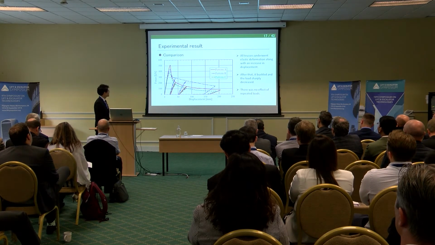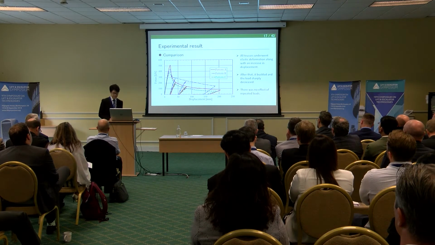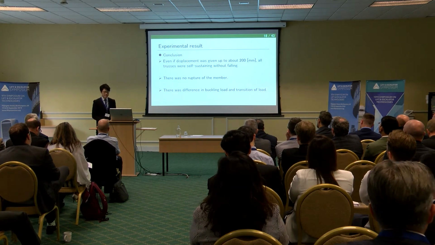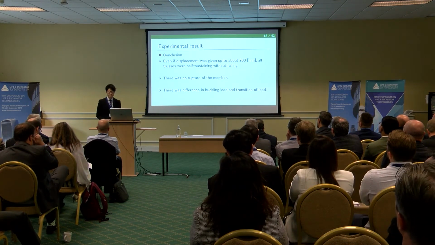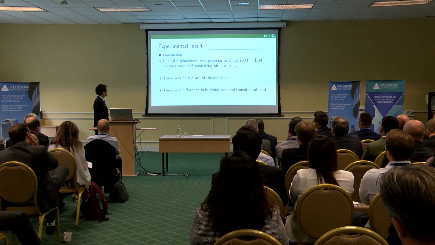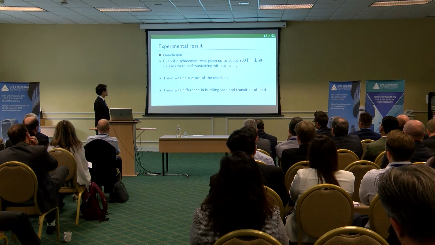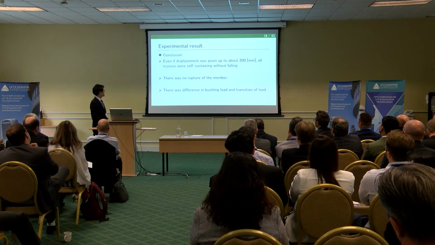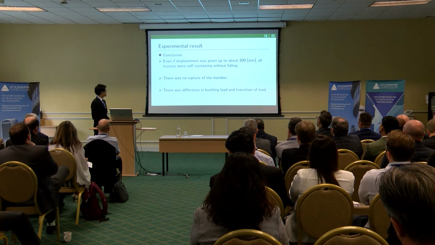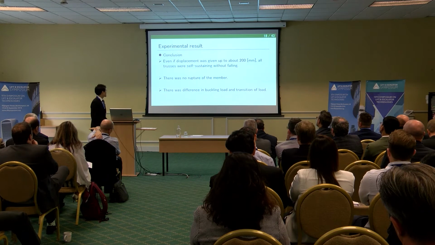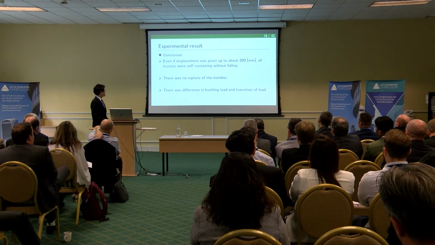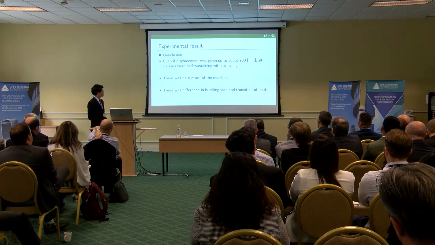There was no effect of repeated load. This slide shows the conclusion. Even if displacement was given up to about 200 mm, all trusses were self-sustained without falling, and there was no rupture of the members. And there was a difference in buckling load and transition of load.